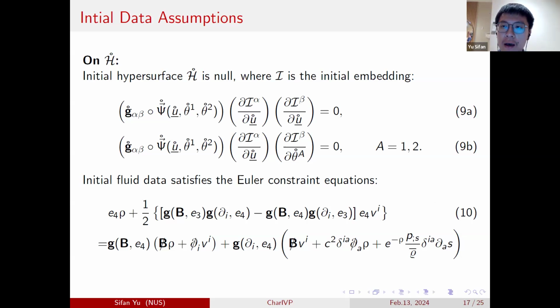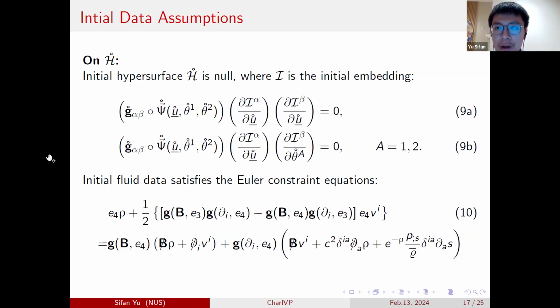Again, we don't know yet if this can be solved. Basically, we don't know if rho and v's can be solved starting from the initial sphere. So at this point, we just assume this holds, and this is a very general setting.